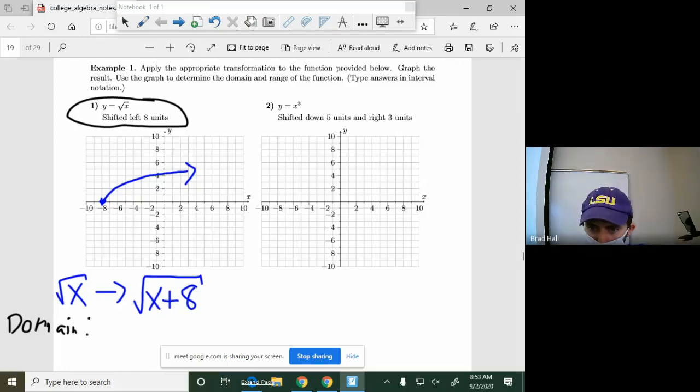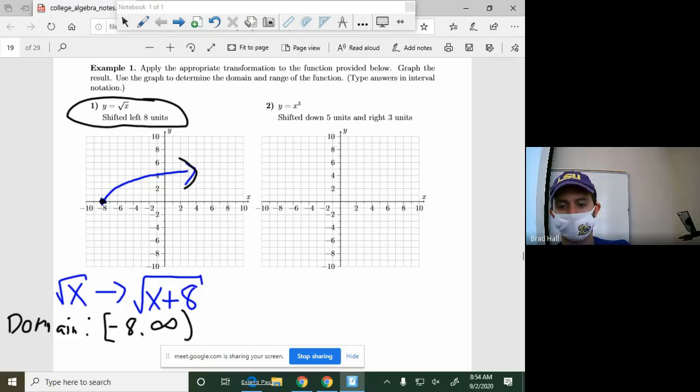The furthest to the left seems to be -8. And we use a bracket because that point is part of the graph. And the furthest to the right, we get that arrow. So that would imply infinity, which always gets a parenthesis.